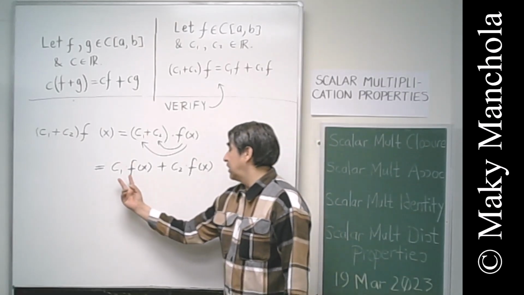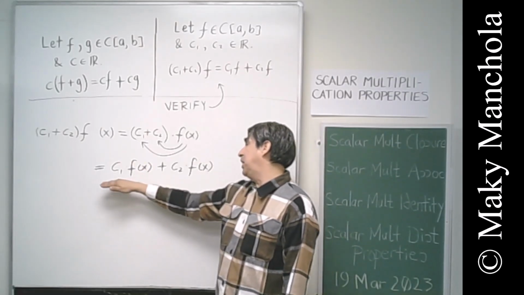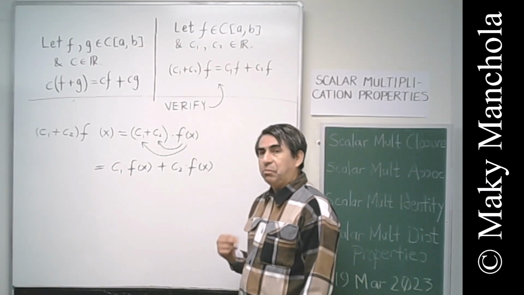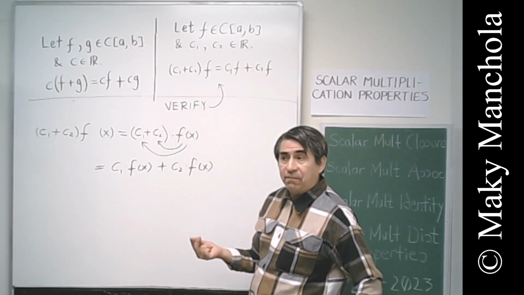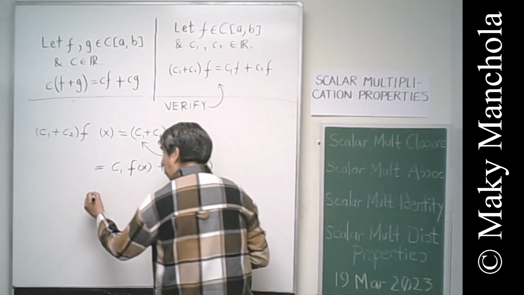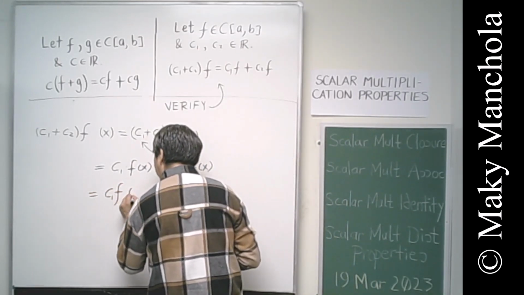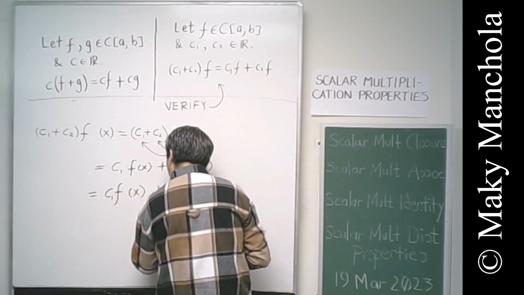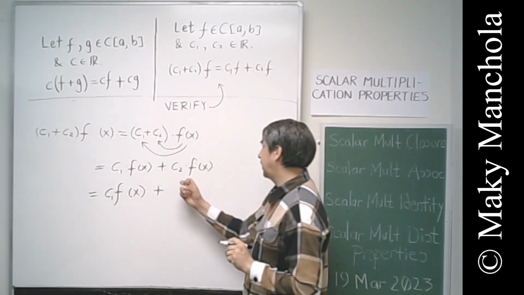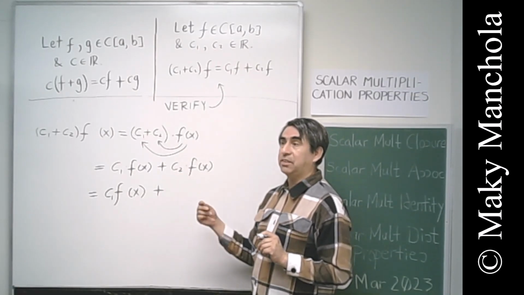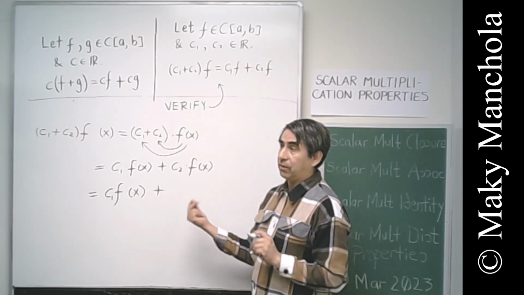Now I look at each of the terms. What is the meaning of c1 times f of x? It means the function c1f evaluated at x plus, what is the meaning of c2 times f of x? It means the function c2f evaluated at x.